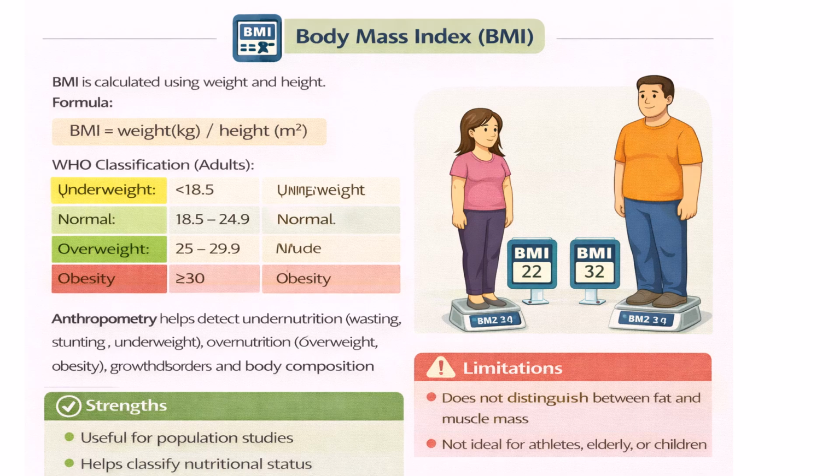Someone can be in the category of overweight or obesity, but in actual fact, the body does not have the level of fat that should categorize such a person under obesity or under overweight. And also, it's not ideal for athletes. It's not ideal for elderly and also for children.